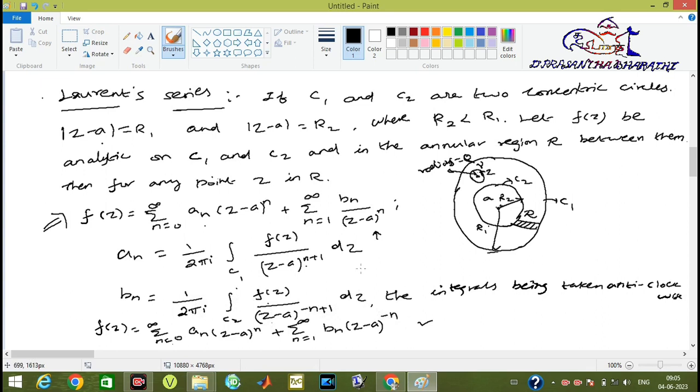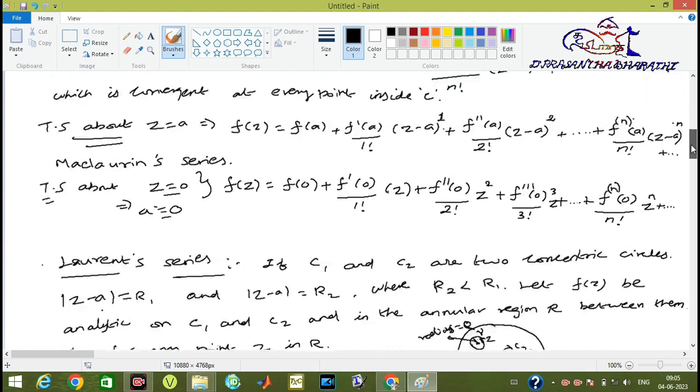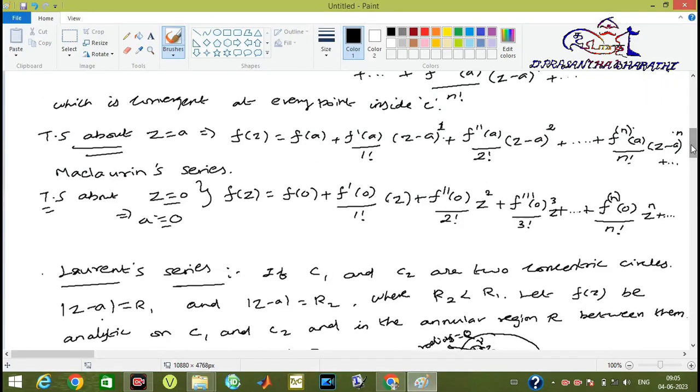So we have the Taylor series and the Maclaurin series. The Maclaurin series is nothing but the Taylor series about the point z equal to 0, that is, when a equal to 0. Taylor series is about a point z equal to a.